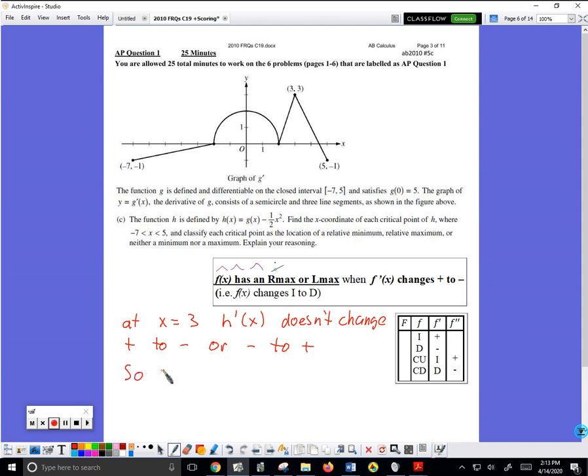So h, not h prime, h doesn't have a relative min or relative max at x equal 3.